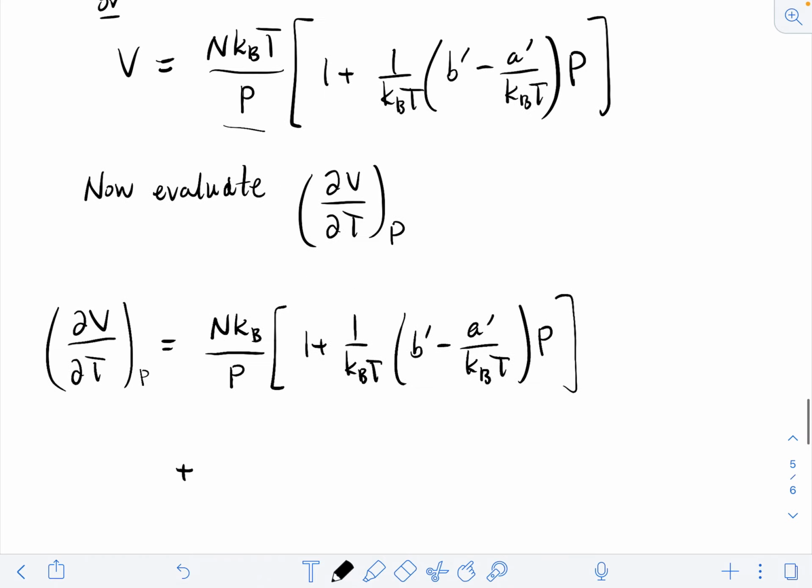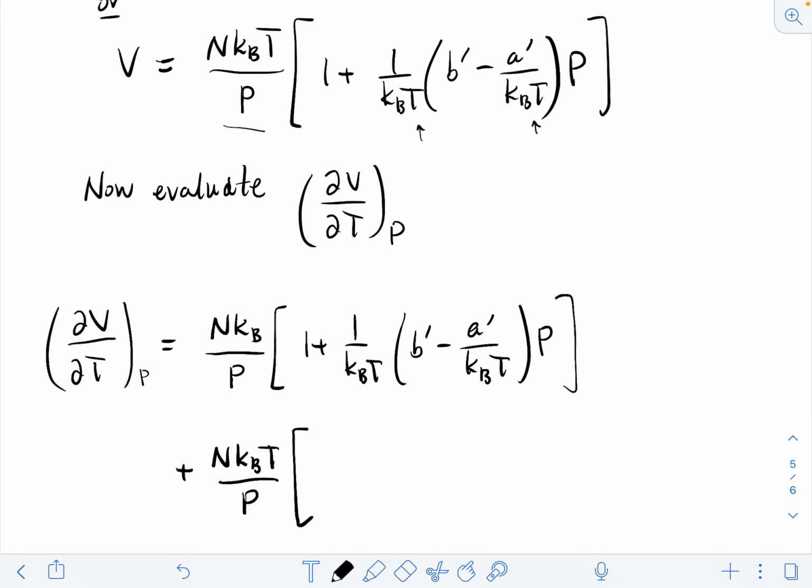Okay, and then we add to that the original coefficient, nkBT, and then we have to take the temperature derivative of what was inside the brackets. But again, we have to be careful because there's another chain rule because we have temperature in two places.